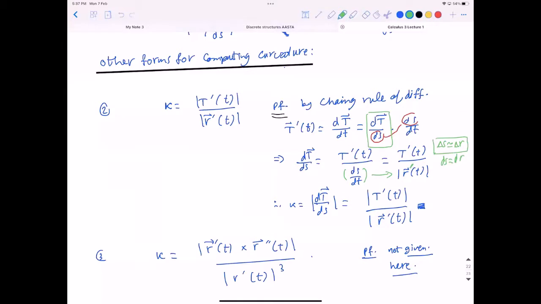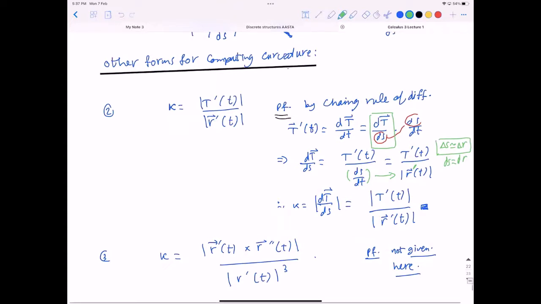This is the formula I mean. dT by dS, we take the magnitude of the left-hand side, then the magnitude of the right-hand side. Therefore, kappa, the curvature, equals this. This is formula 2.